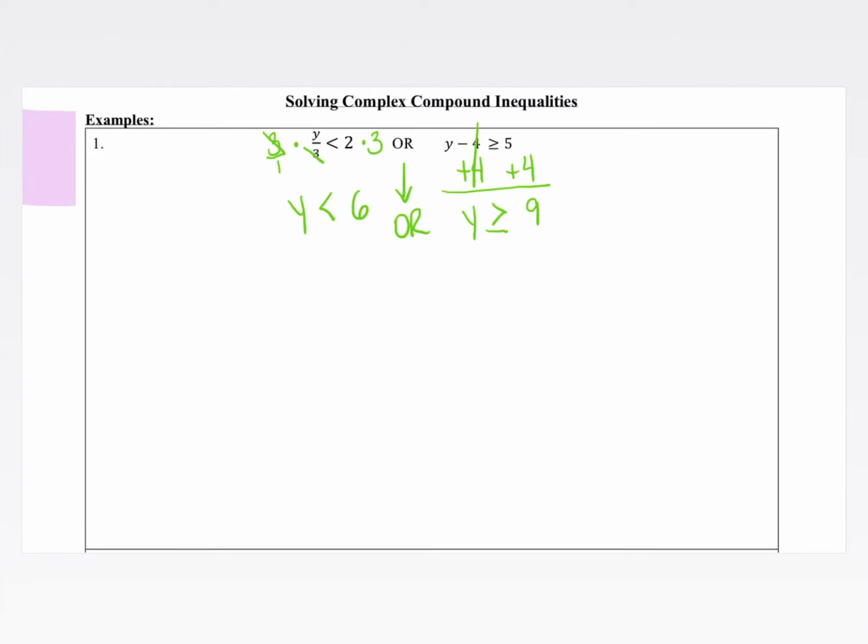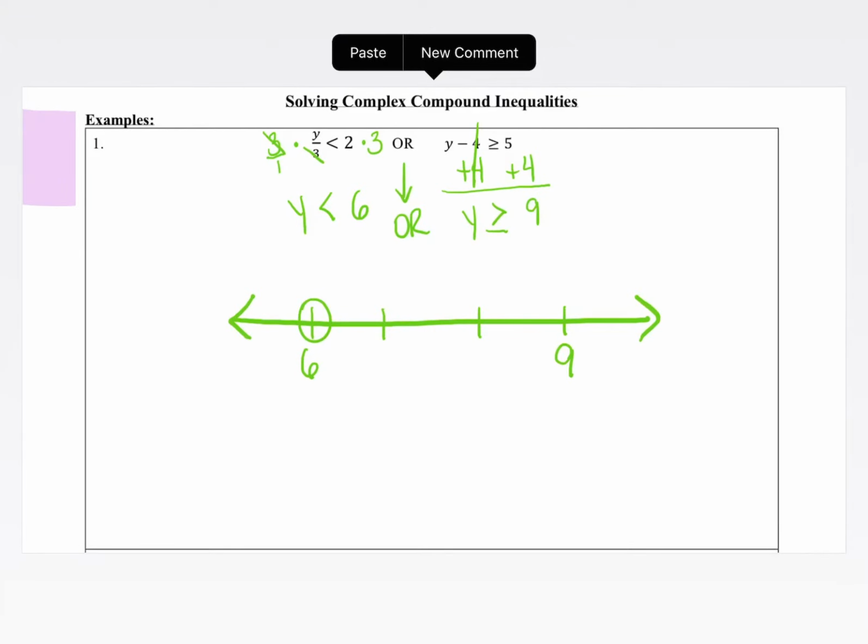If I'm dealing with graphing, I have 6 on my number line, 7, 8, 9. Now, since y is less than 6, this is an open circle. And all the values that are less than 6 go to the left.